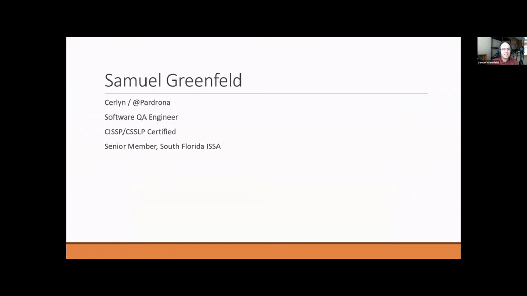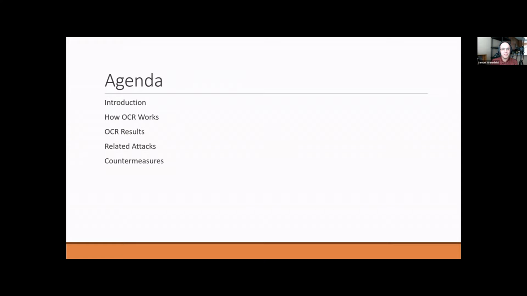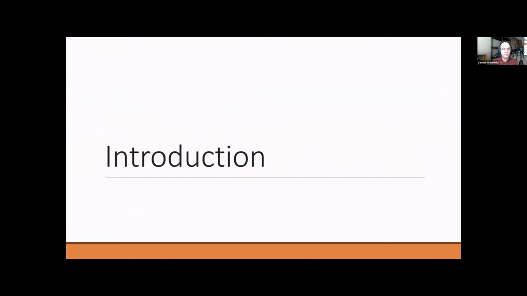I'm CISSP certified. I've been a member of the South Florida ISSA chapter for probably at least 11, maybe 12 years now. And in this talk, we're going to have a bit of an introduction, look into how OCR works, some results of doing it, some related attacks, and some potential countermeasures.